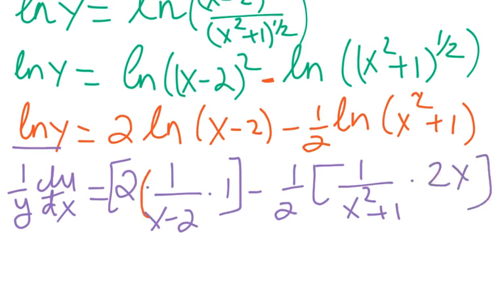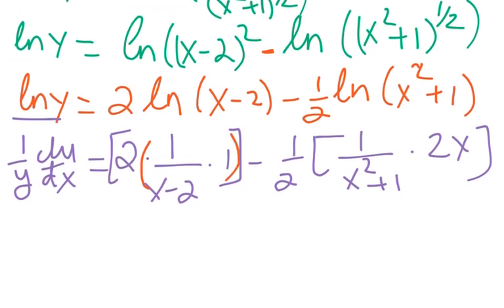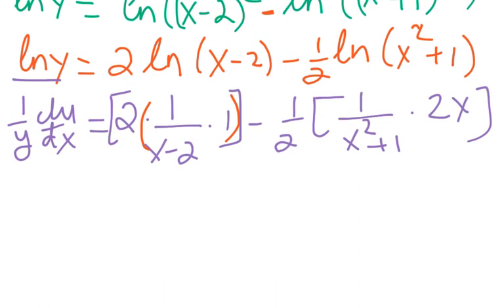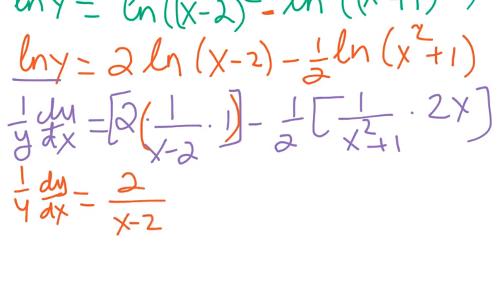I'm missing a parenthesis right here, because the 2 is a coefficient, I can just put it in front. Right, so 1 over y dy over dx. Let's see what I can simplify. So this is 2 over x minus 2 minus, this 2 cancels out, so x over x squared plus 1.